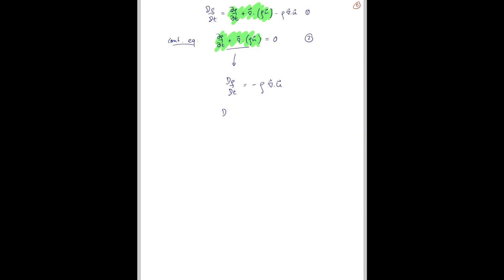Or in other words, D rho Dt plus rho grad dot u is 0. So that's an alternative way of writing the continuity equation.